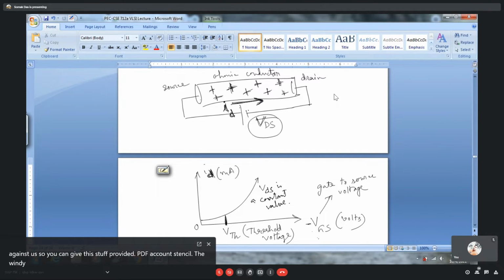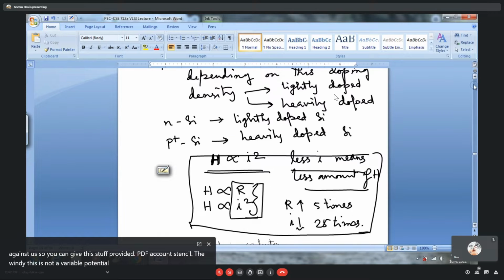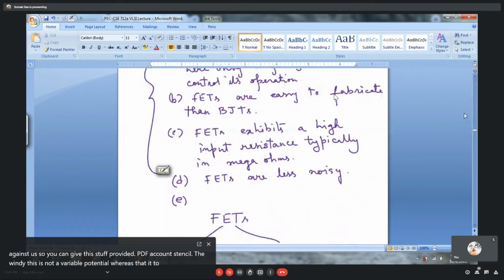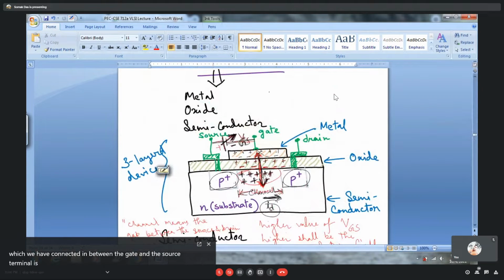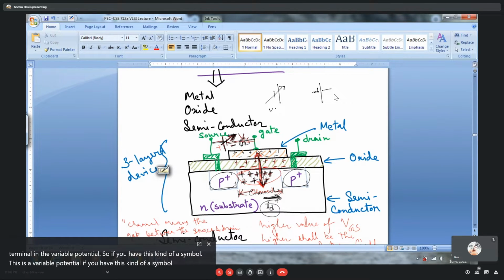So mind it, this is not a variable potential, whereas the gate to source potential which we have connected in between the gate and the source terminal is a variable potential. If you have this kind of a symbol, this is a variable potential. If you have this kind of a symbol, this is a constant potential. Mind it, variable potential doesn't mean this is an alternating current.